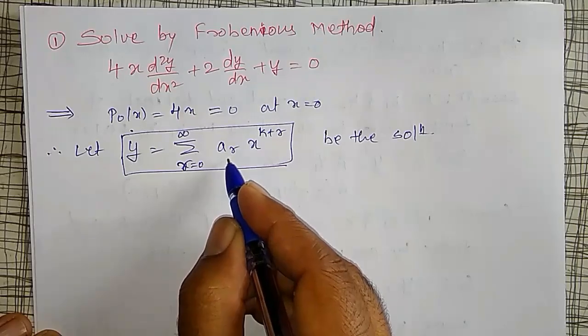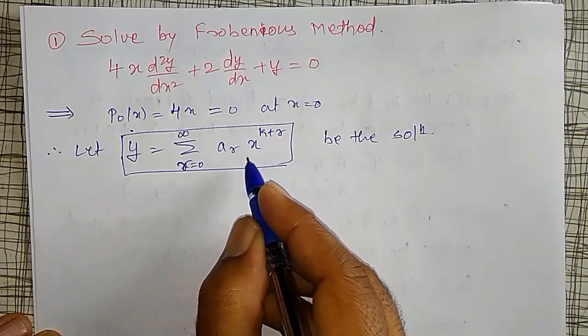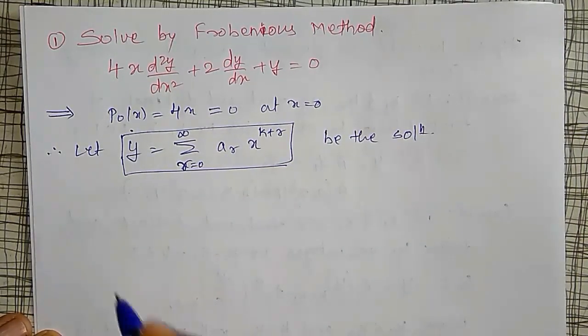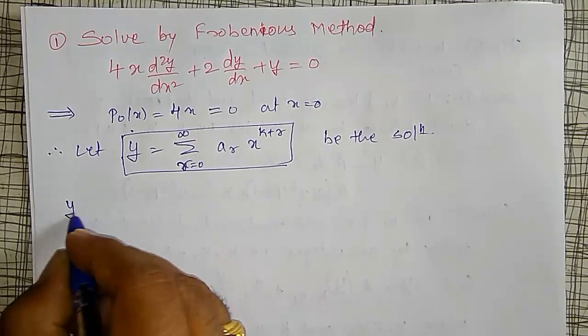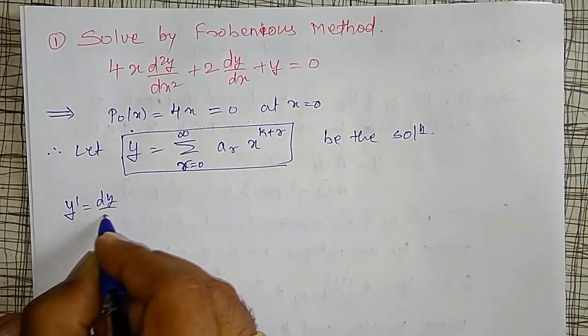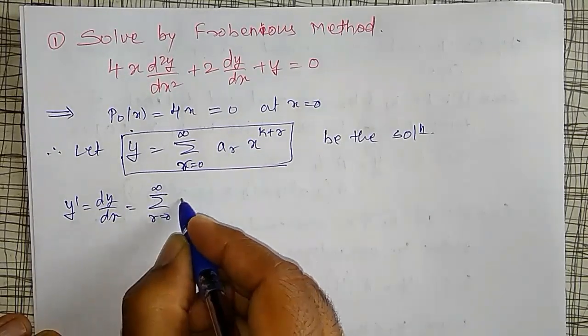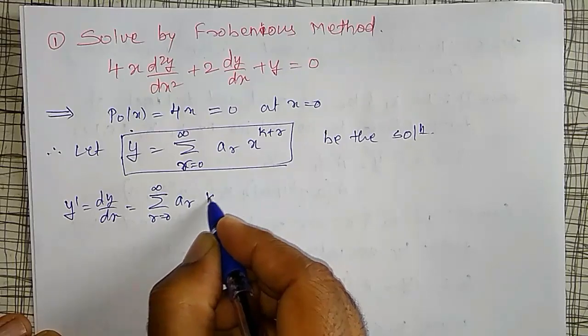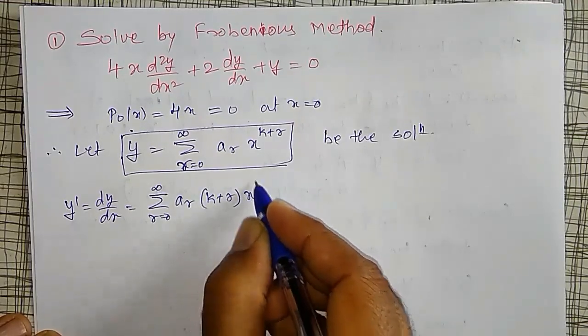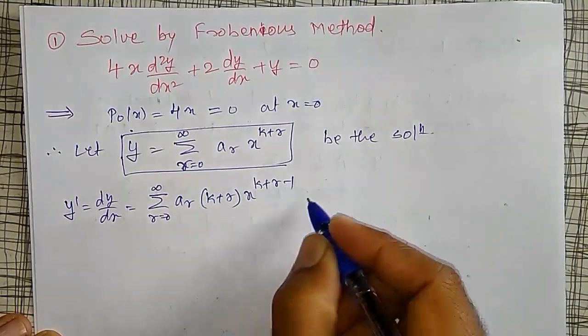In that I have to find out all the coefficients a0, a1, a2 and all those things. Therefore, differentiating this, y dash, that is dy by dx, will become summation r equal to 0 to infinity ar k plus r into x to the power k plus r minus 1.